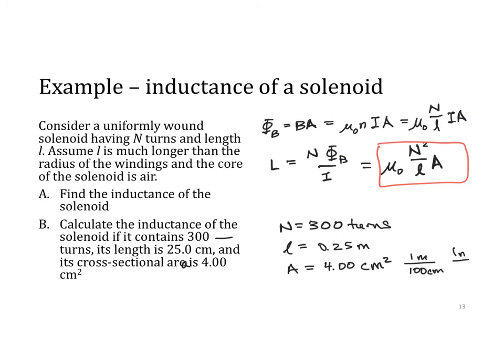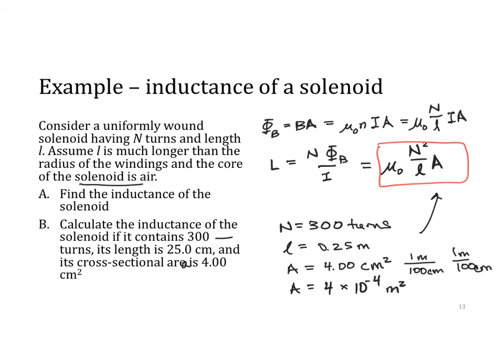I need to do that twice to get myself into meters squared. And so just to be sure, I've got 4 times 10 to the minus 4th instead of times 10 to the minus 2, because we are moving from units squared to units squared. Right? Okay, so silly little unit conversion stuff, but all of this information is going to go into the stuff I found in part A.